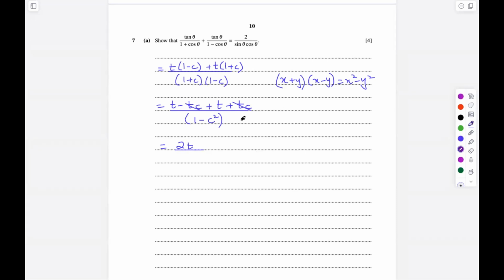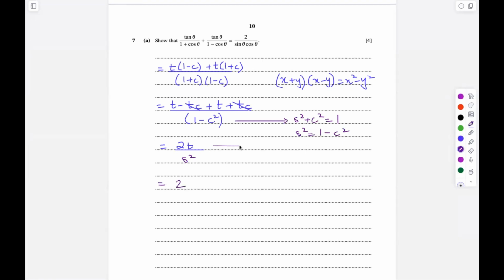And in the denominator, we can apply the identity, which is sine squared plus cos squared is equal to 1. So sine squared is equal to 1 minus cos squared. So in the denominator, we can write sine squared in place of 1 minus cos squared. Now, as we need the expression in terms of sine and cos, in place of tan we can write sine upon cos.